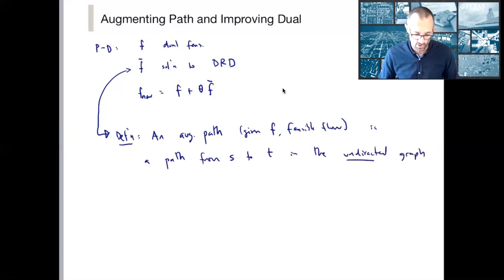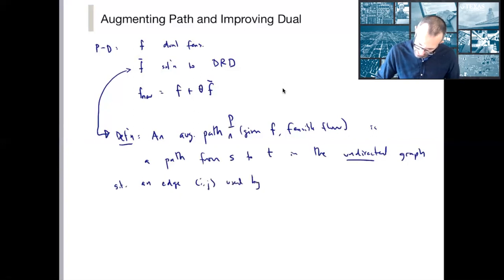So dropping the directionality, except that such that our path P uses, let me write it differently, such that any edge ij used by our path P in the forward direction has to have Fij strictly less than Bij.